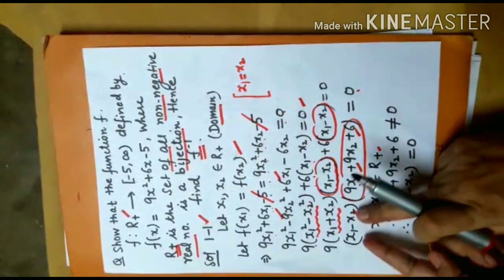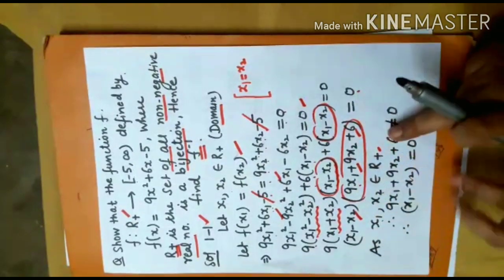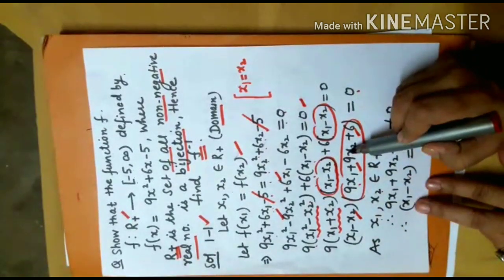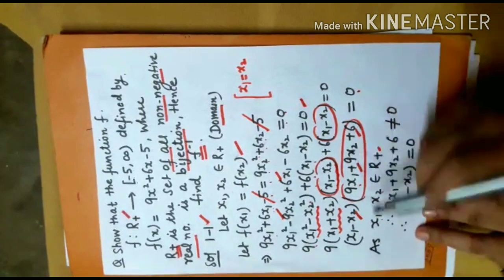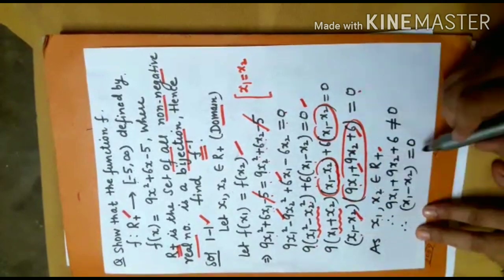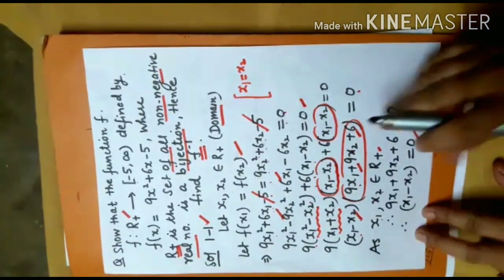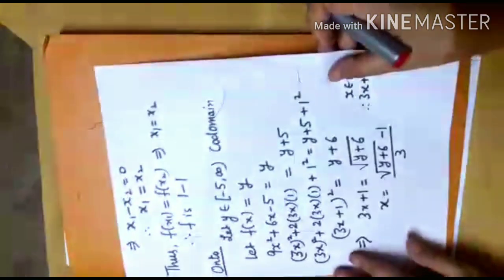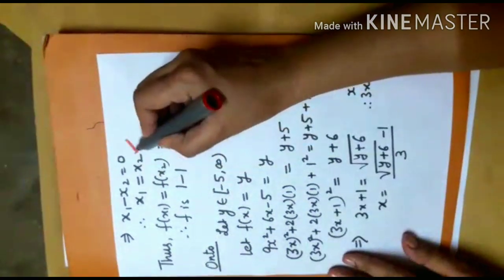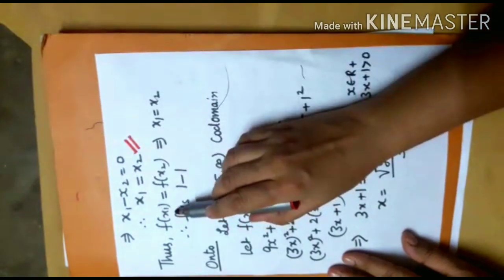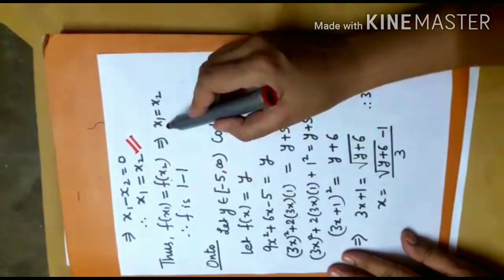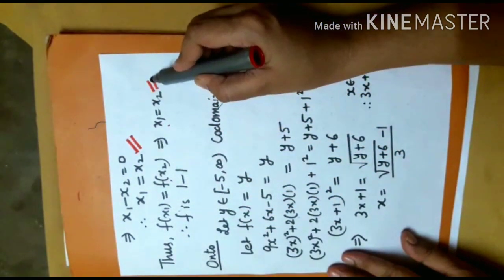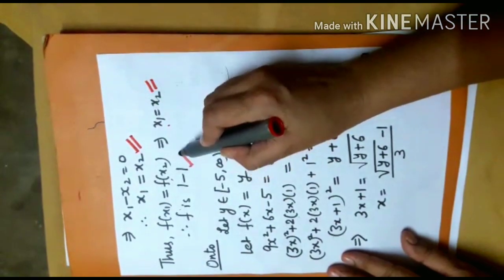But the product of these two factors is 0, and I have justified that this factor cannot be equal to 0. So this implies x1 - x2 should be equal to 0, which means x1 = x2. So f(x1) = f(x2) implies x1 = x2. Therefore, the function is one-to-one.